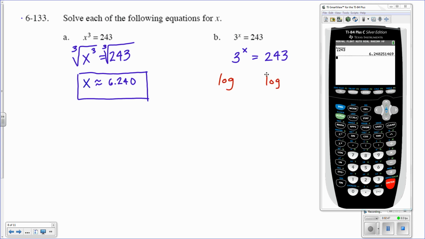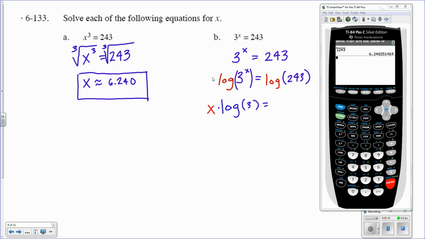What that's going to do for me is allow me to apply our power property of logs in order to get our x out of the exponent. We have to get it out of the exponent in order to be able to solve it. So as we're taking the log of each side, our next step is we're going to be looking at x times our log of 3.